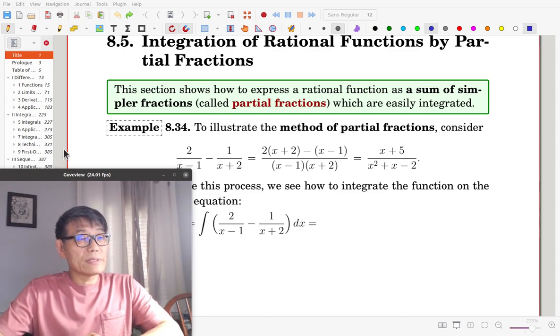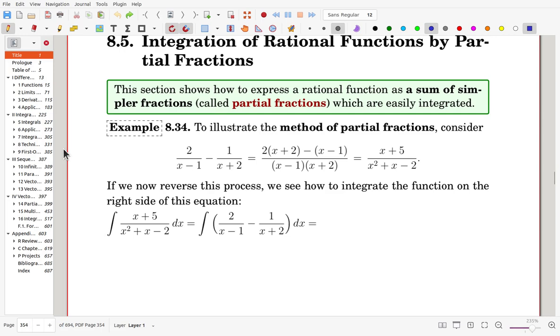To illustrate the method of partial fractions, consider this expression. These simple fractions can be combined to become this rational function. Now, if you start with the rational function in integration, you may change it into this form.